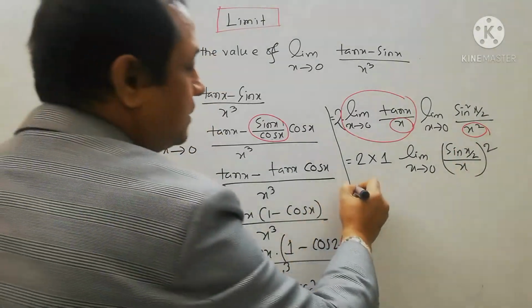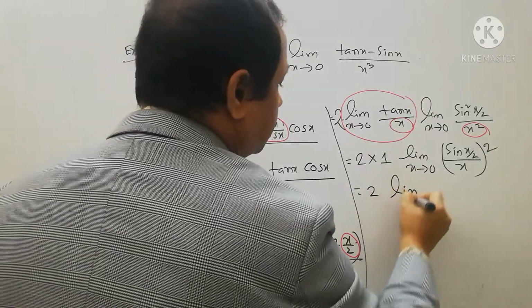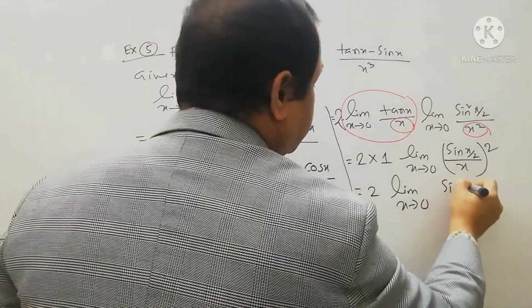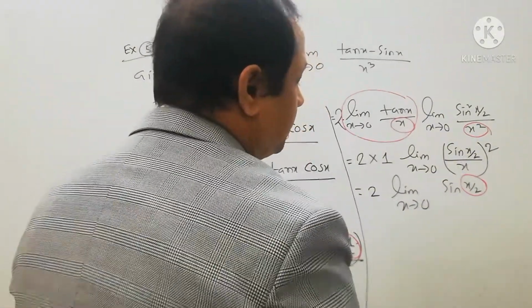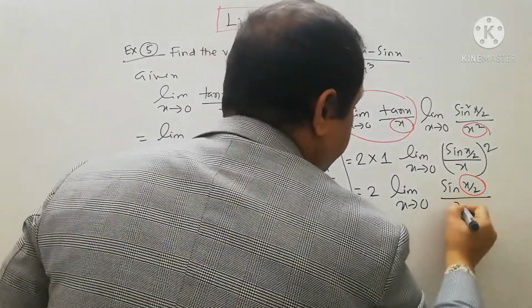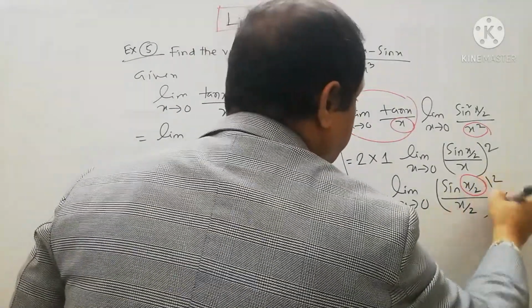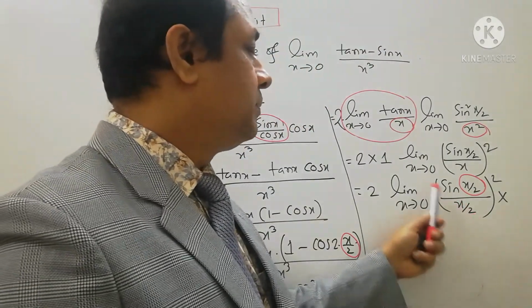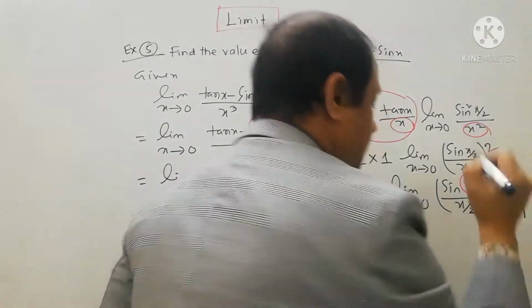Now 2 into 1 means 2, then limit x tends to 0 of sine x by 2, here the denominator should be x by 2, then whole square, into the balance: x square by 4 means 1 by 4.